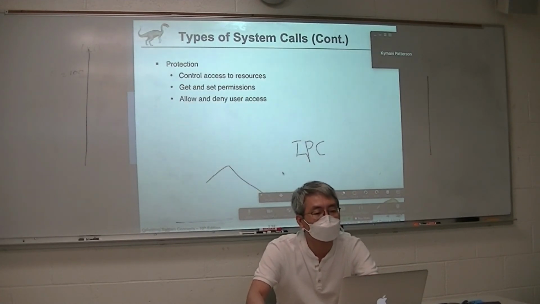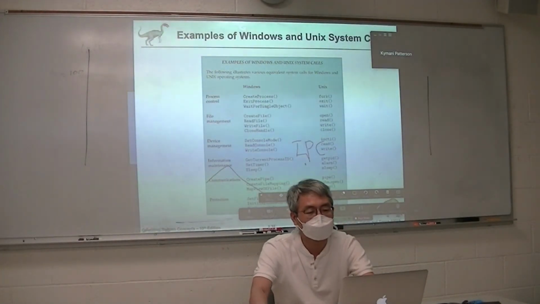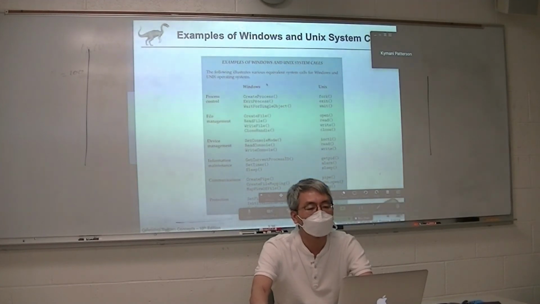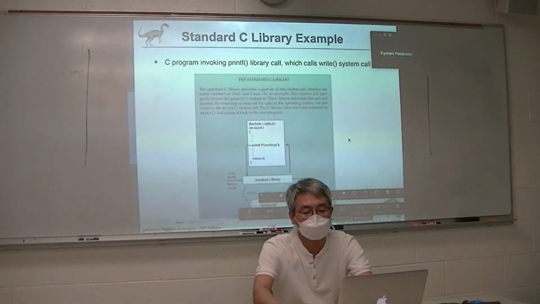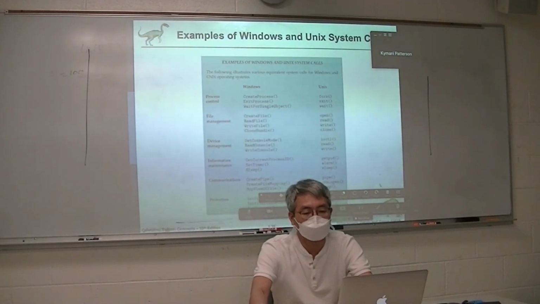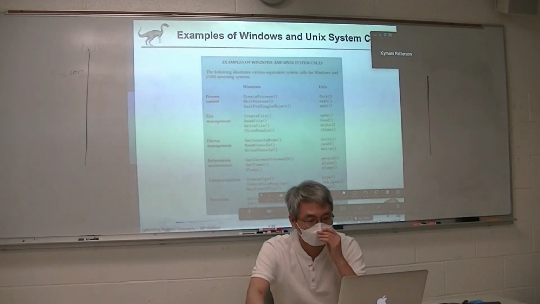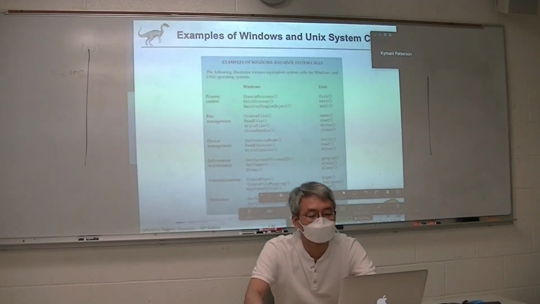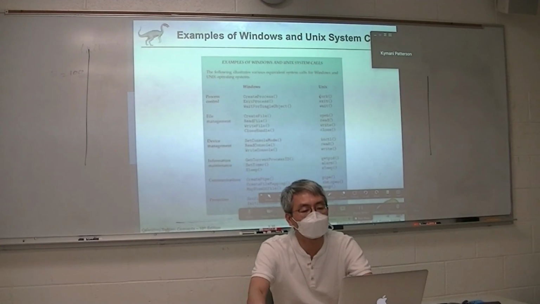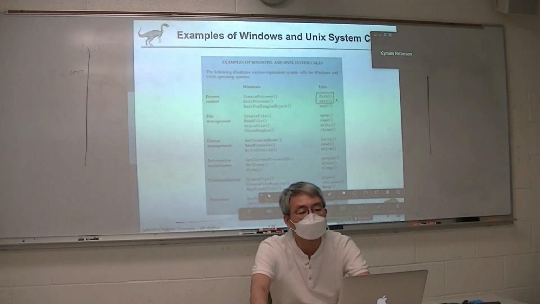Okay, and notation. So this is a comparison chart between the Windows Win32 API and the Unix API, the POSIX API. So, for example, to create a process, the POSIX API, the Unix API, uses fork plus exec.